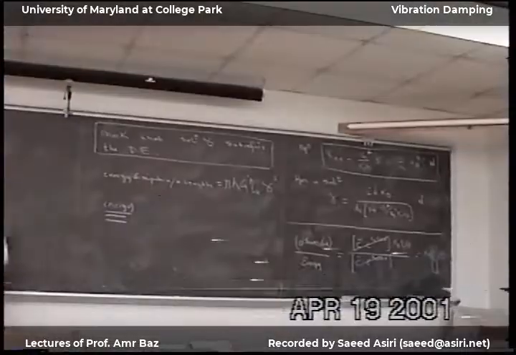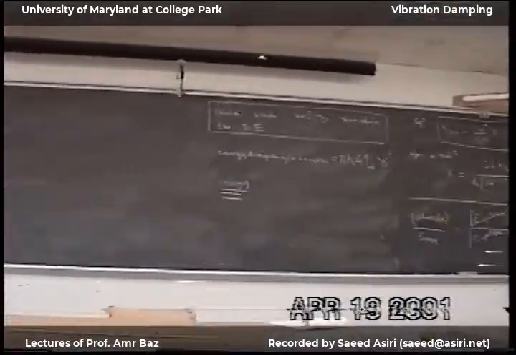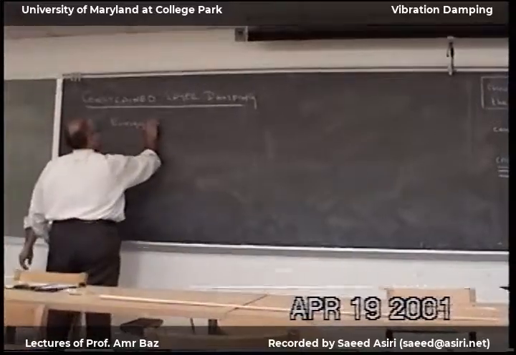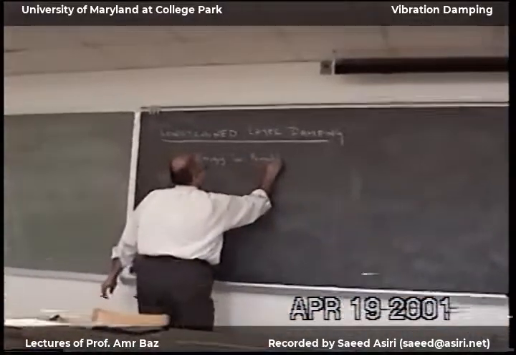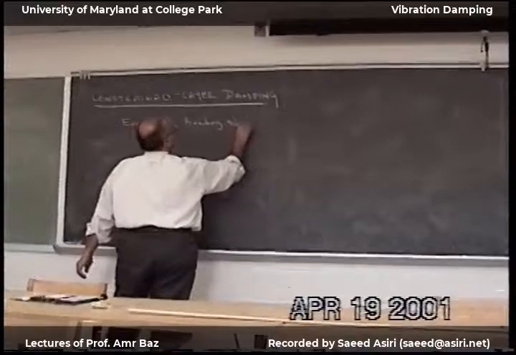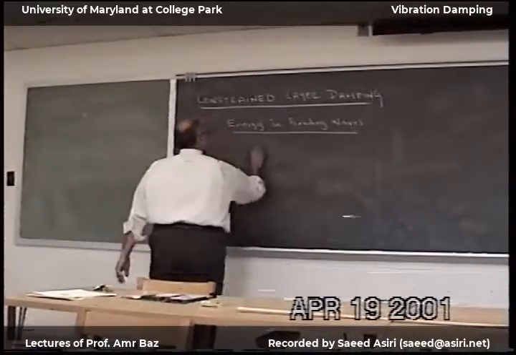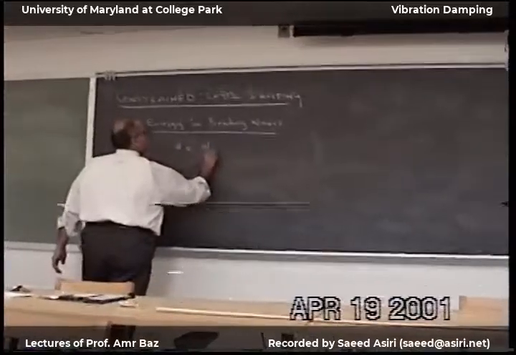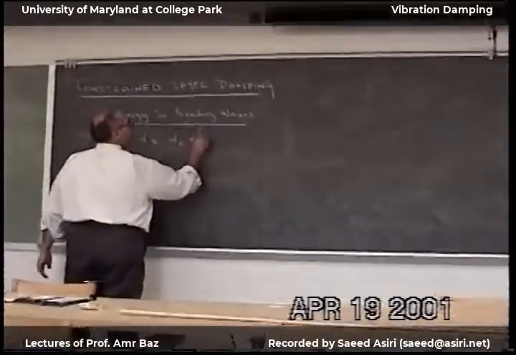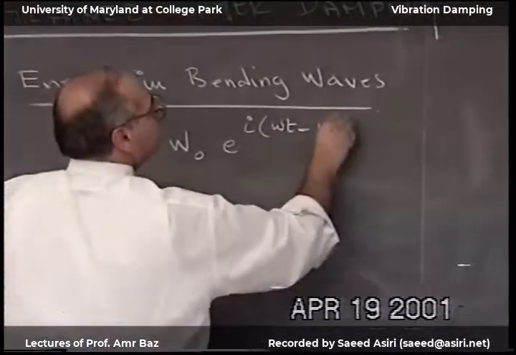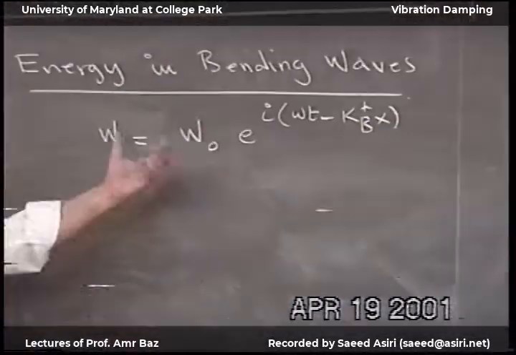Okay, now we need the energy. So this energy, I have W, we wrote it as W0 e to the I omega t minus k b x.